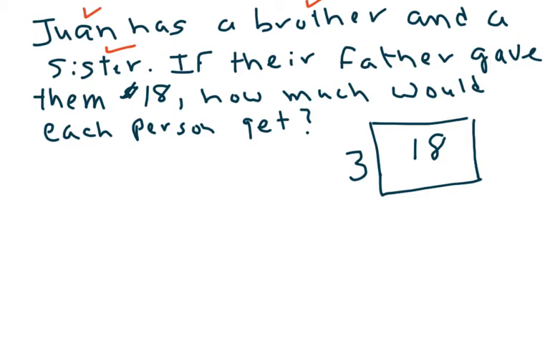What is the multiplication fact that'll get us to 18? Well, if we look at this, either 18 divided by 3 or 3 times what is 18? Kind of the same question, aren't they? So how do we come up with a solution?